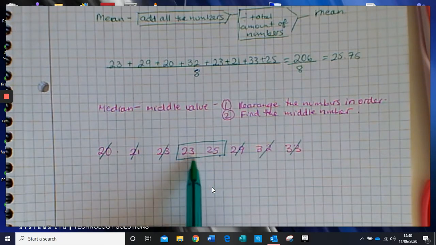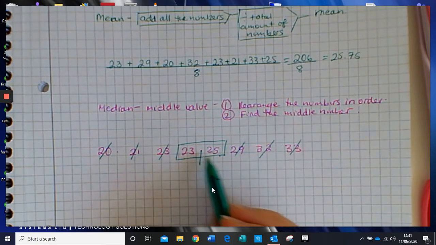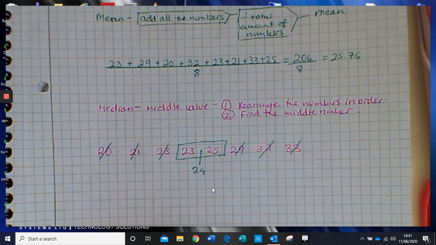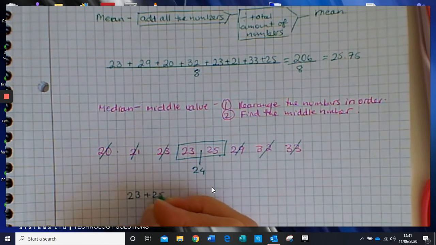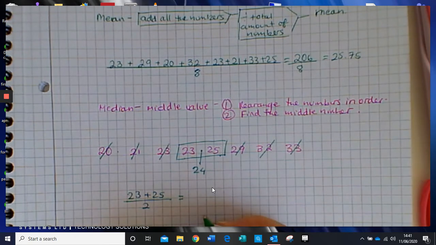If you can simply see, oh look, the number that would be exactly halfway between 23 and 25 would be 24, you can do it that way. Or you take the average of those two numbers. So you would say 23 add 25 divided by 2, and that is going to give me 24. Okay, so our median is 24.